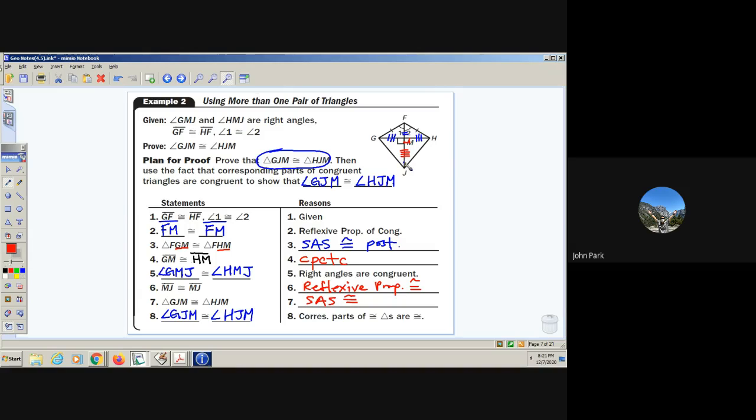So I'm going to put two arcs here because I already put one arc on the top and then two arcs here. So those two angles are congruent because that's the CPCTC, corresponding parts of congruent triangles are congruent.